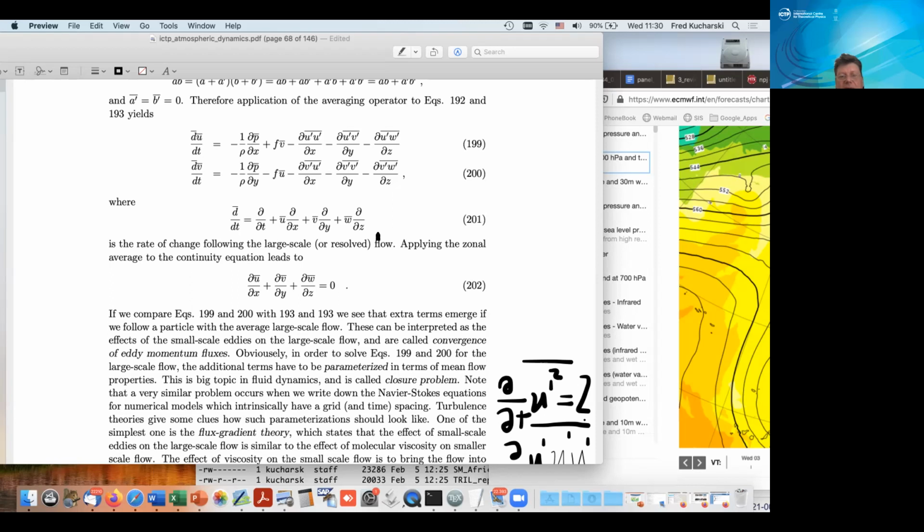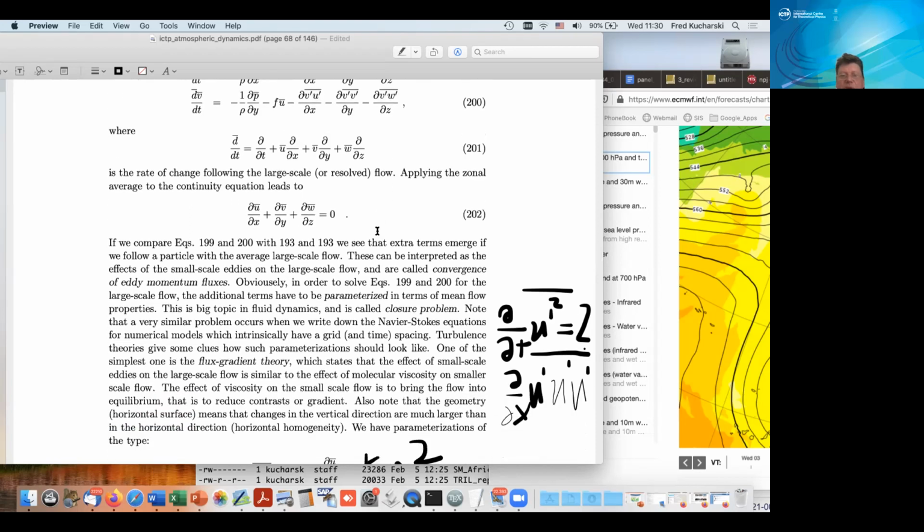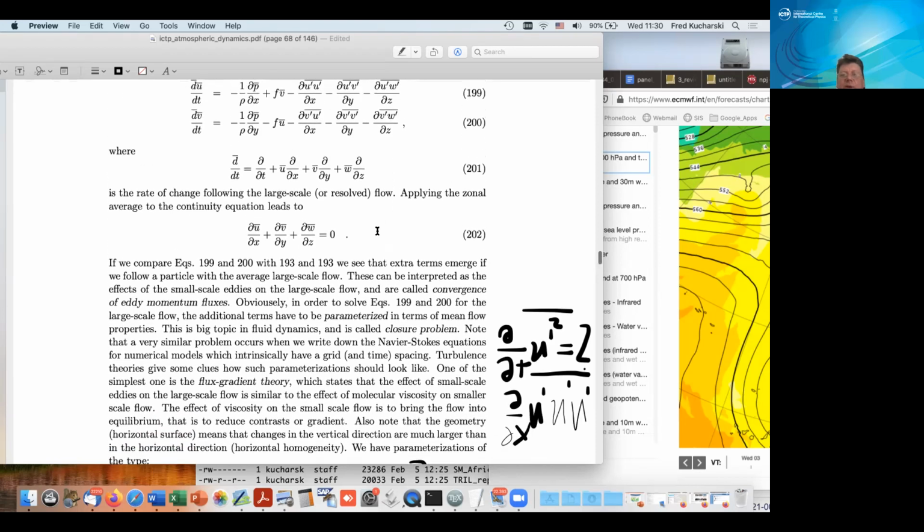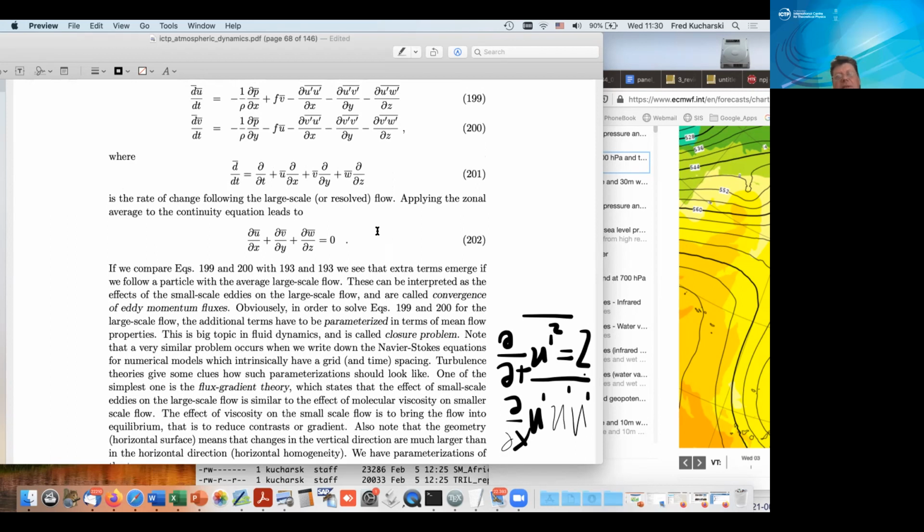One way, and that is the way that we will be using here, is that we say, what about this: this is the action of smaller scale eddies on the mean flow. What about if we think that could be similar to the action of molecular viscosity on small scale flow.